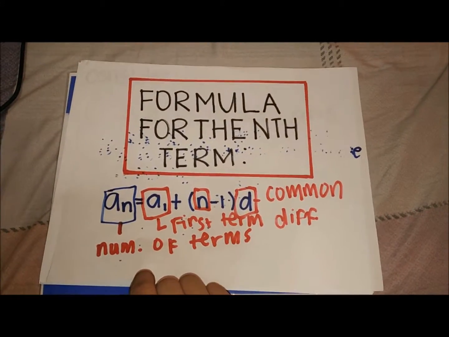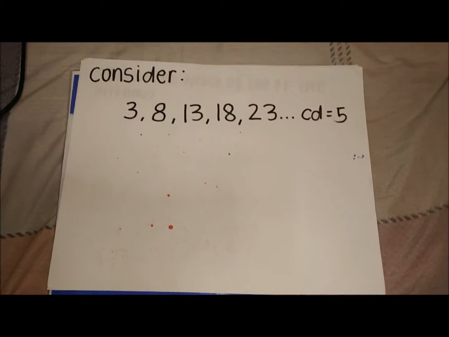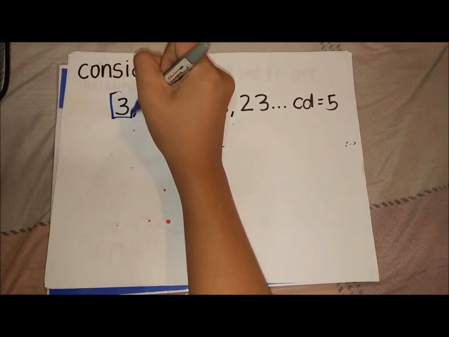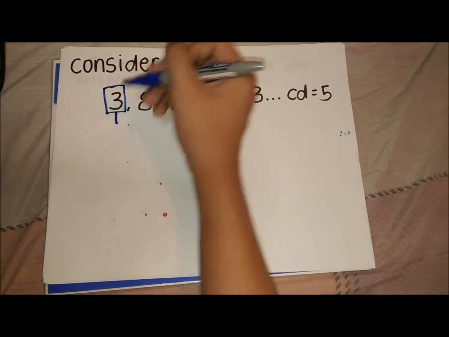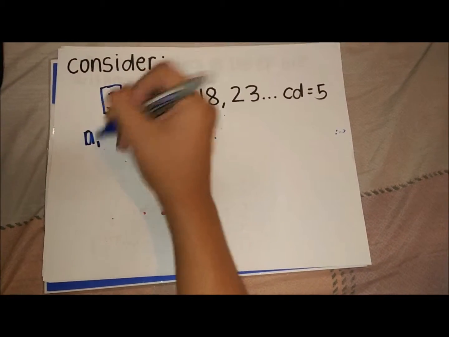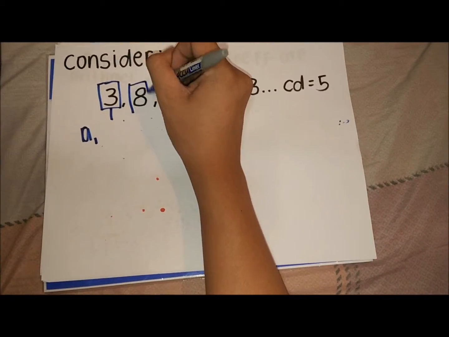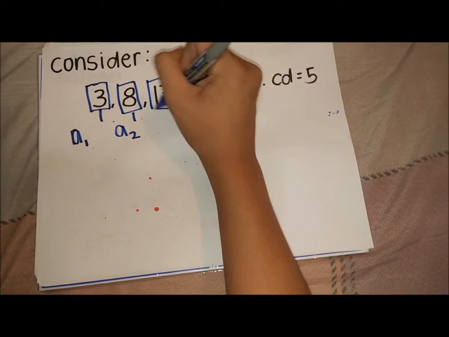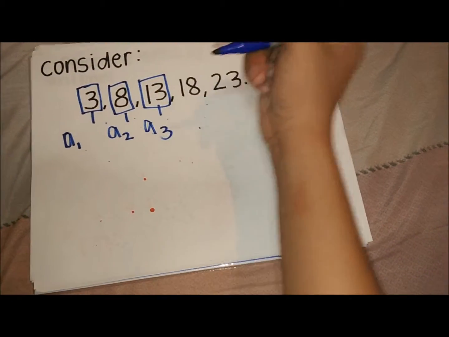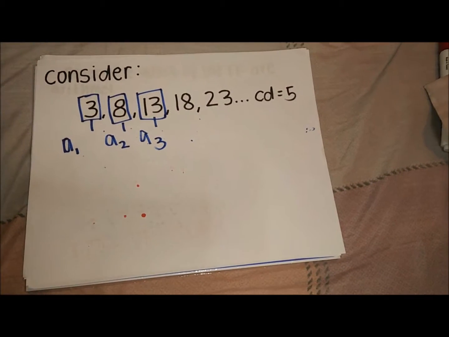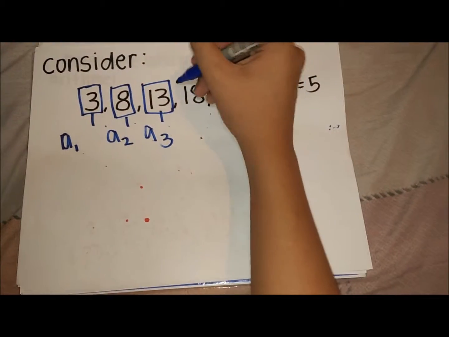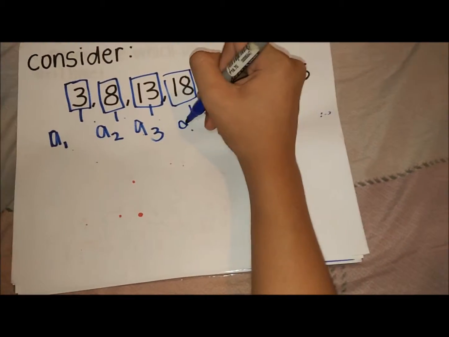I'm going to justify the formula for the nth term. First, let me teach you that this 3, the first term, is called a sub 1. The second term is called a sub 2. The third term is called a sub 3. This 18 is a sub 4, and so on and so forth.